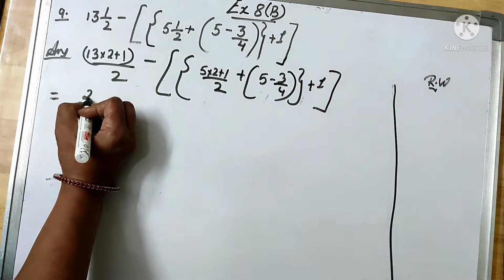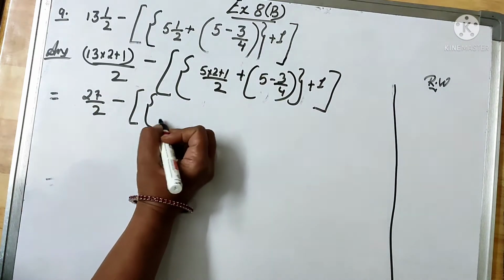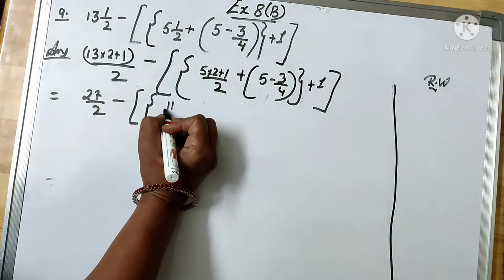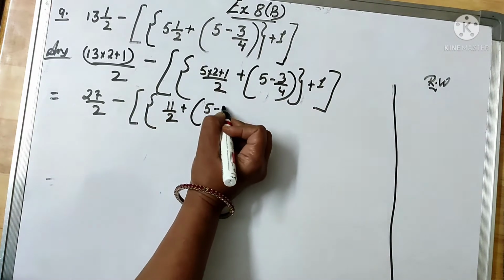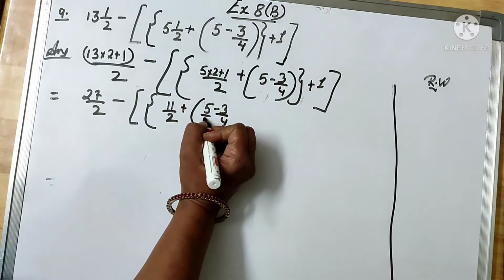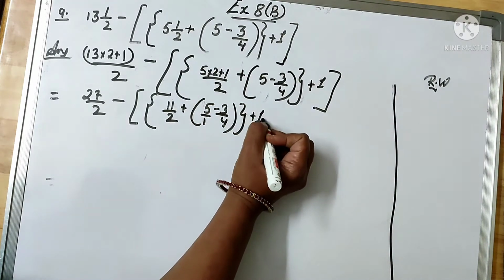It comes out to be 27 by 2 minus square bracket started, inside the curly bracket it will be equal to 11 by 2 plus inside the round bracket it is 5 minus 3 by 4, and 5 can be written as 5 by 1, then curly bracket closed, plus 1.